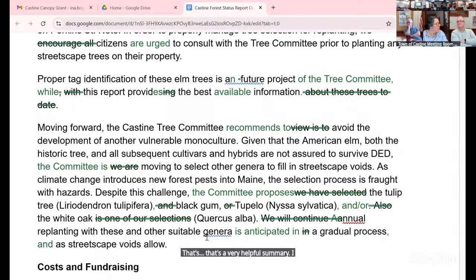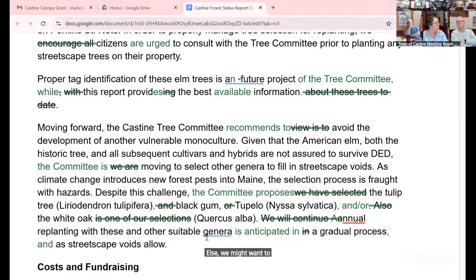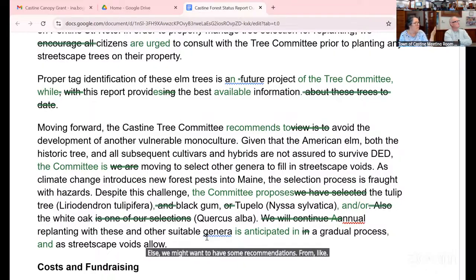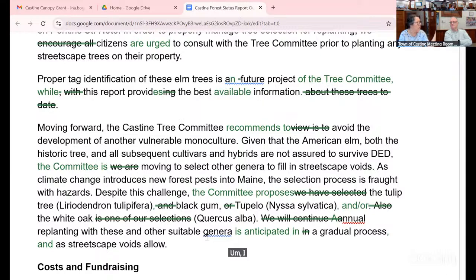Do you have any questions or comments about what else we might want to have some recommendations on from Bill, based on the experience in working with the streetscape, or from what you are finding in the field that we should be paying more attention to in town?